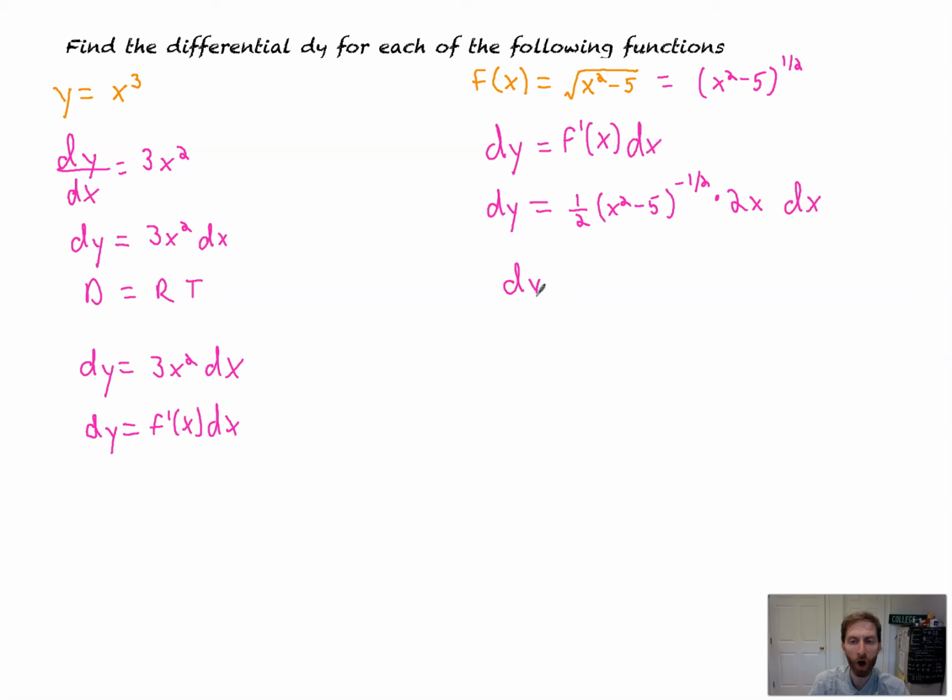Now remember, all this is saying is take the derivative, multiply it by dx, and that gives you dy. The 2's cancel out. We get x over the square root, that's from the negative exponent and the 1/2, of x squared minus 5 dx. That's it. So again, remember, a small change in y is equivalent to the rate at which we're changing, the slope, times a small change in x. Distance equals rate times time.